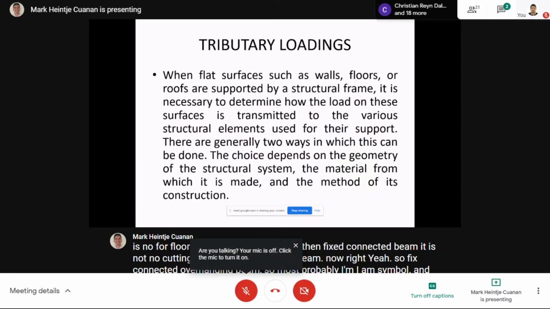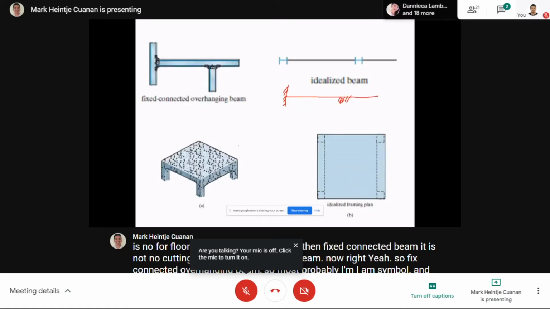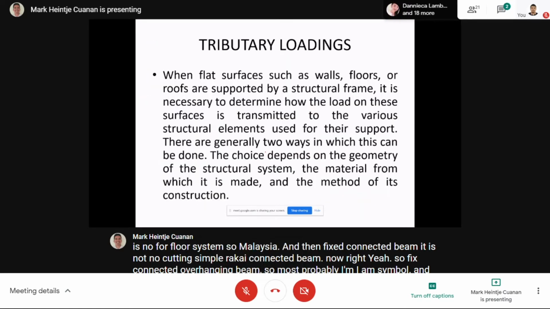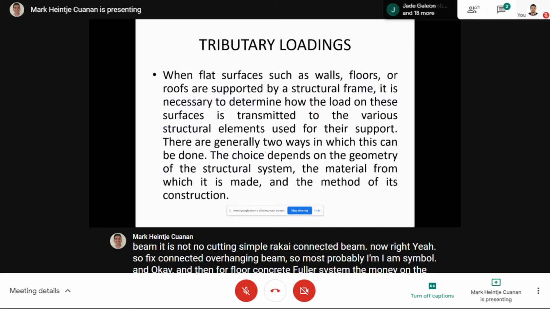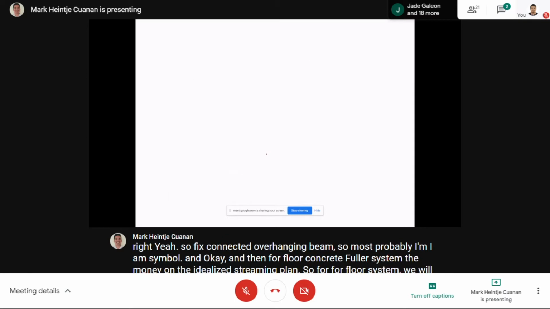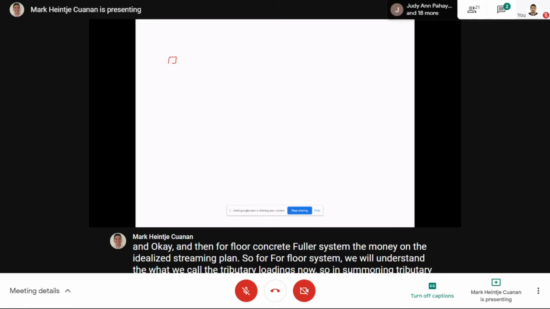So, for a floor system, we will understand what we call tributary loadings. So, what are tributary loadings? Allow me to present a screen. Okay? So, here. Now, for example, you have a framing system. There is a column, column, and then column.